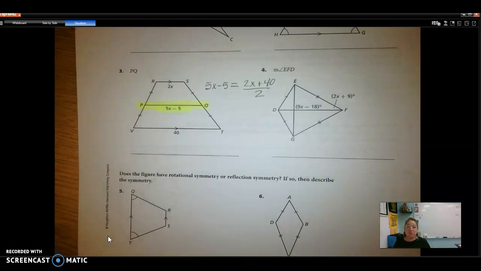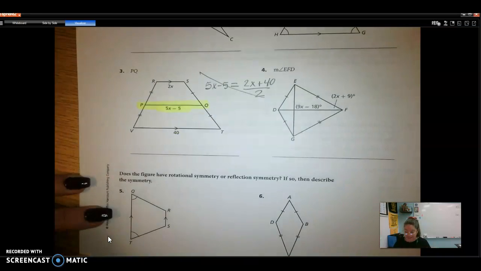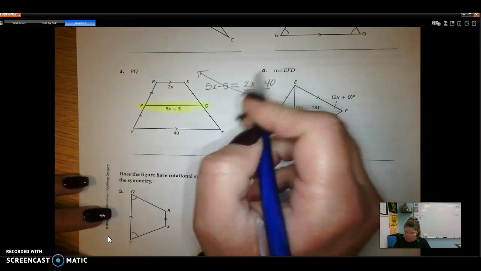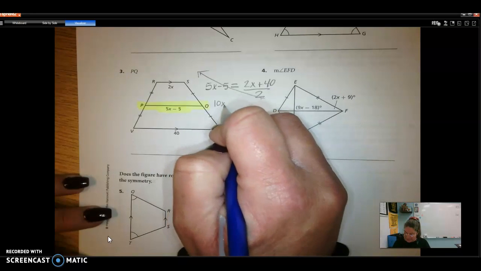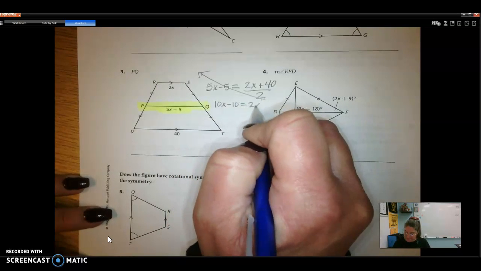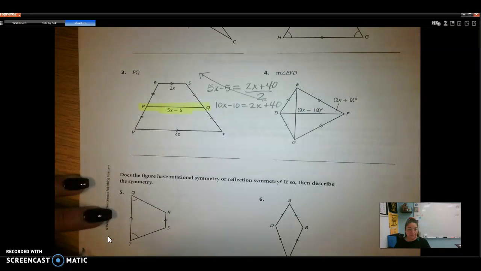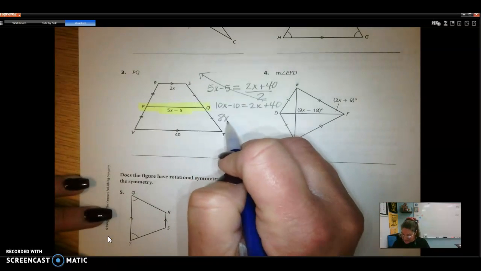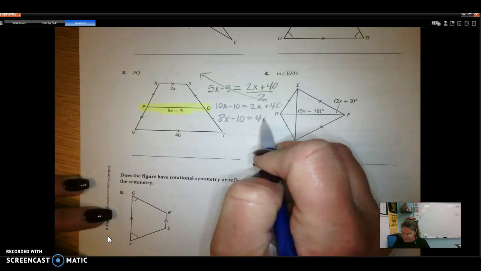Okay? So to solve this equation, you're going to just multiply that side over there by 2 to get rid of this denominator. So this becomes 10x minus 10 equals 2x plus 40. We're going to subtract 2x over, so we get 8x minus 10.